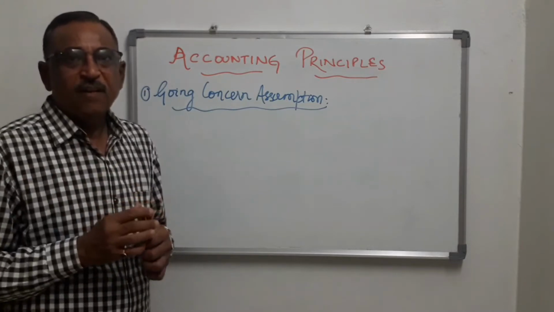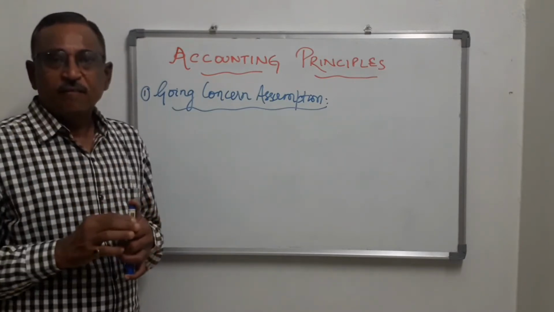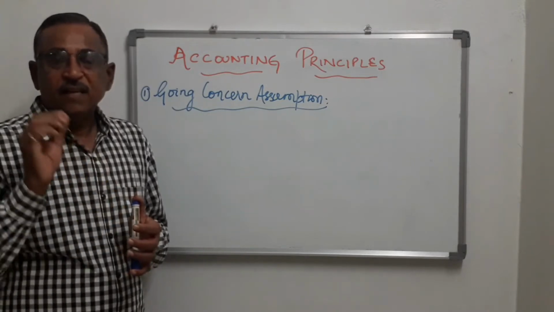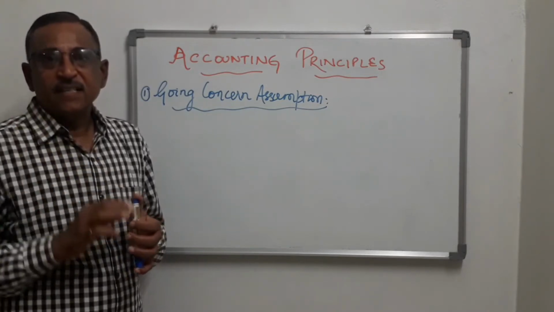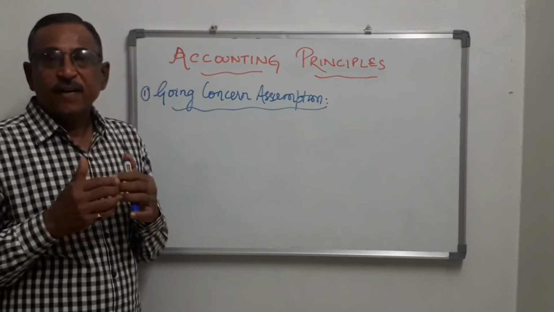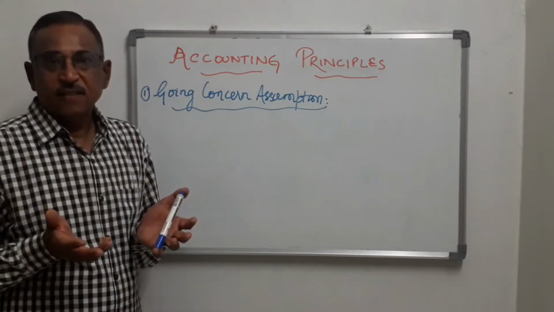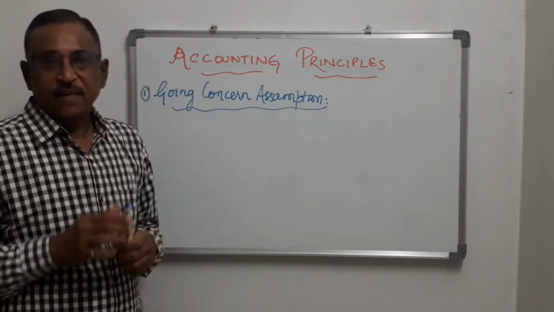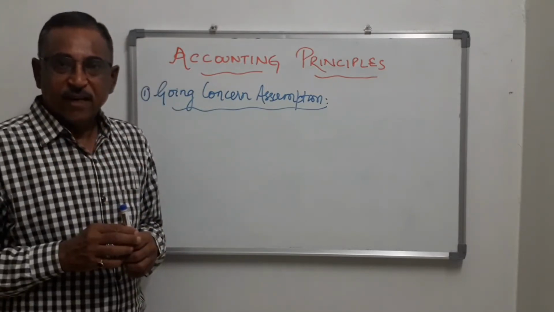Take for example, we have bought a machinery for 1 lakh and we think that it will be used for 10 years. Then its original cost will be spread over a period of 10 years. Clear? And the depreciation will be charged accordingly. Okay.